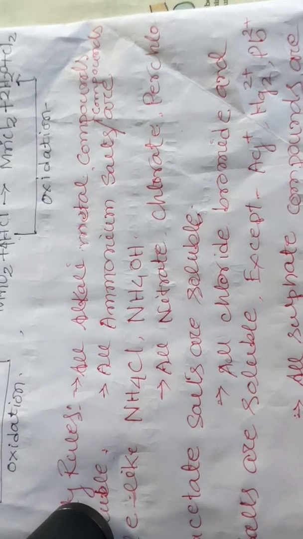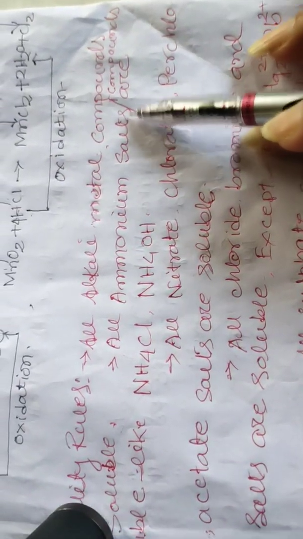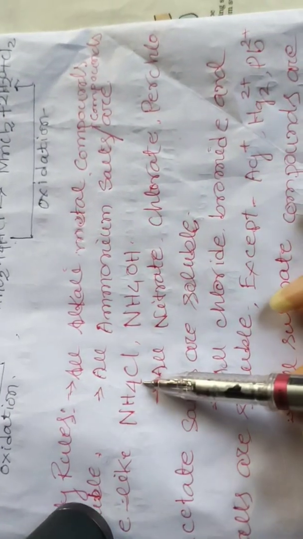Alkali metals means the elements found in the first group, that is lithium, potassium, sodium, and others. So all these alkali metal compounds will be soluble in the solution of water. That is why they will not precipitate. Next, all ammonium salts, that is compounds, are soluble, like ammonium chloride.